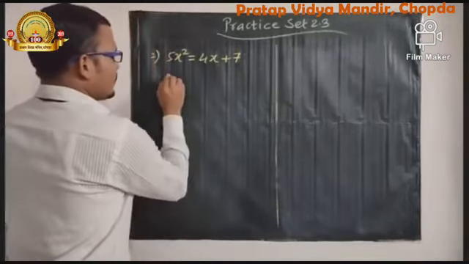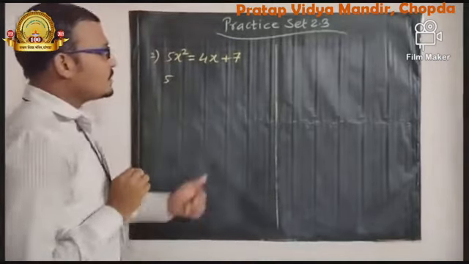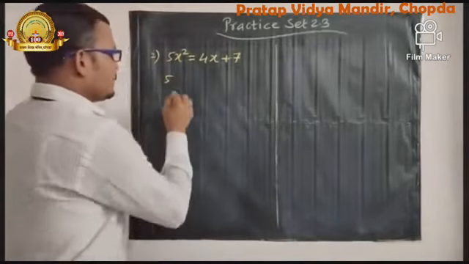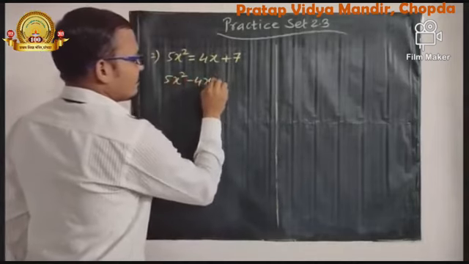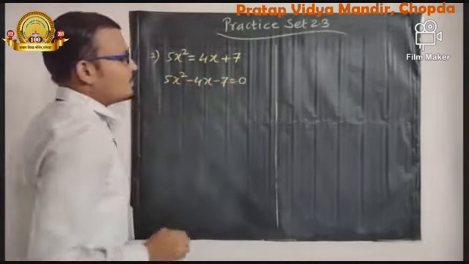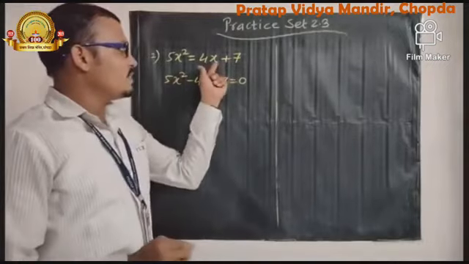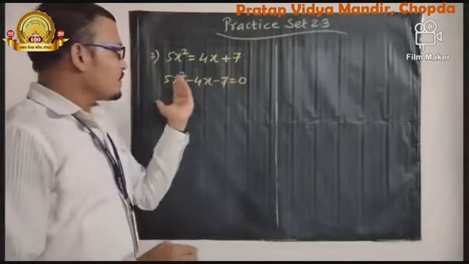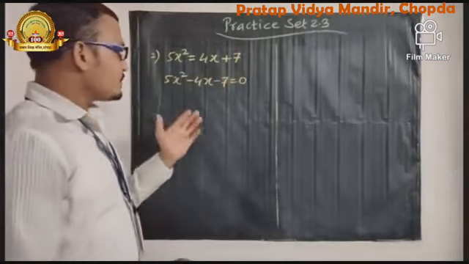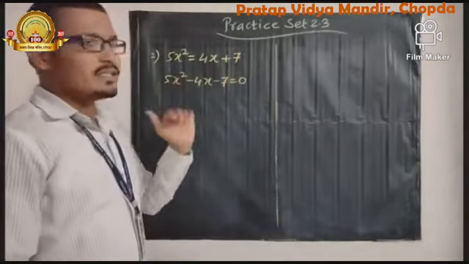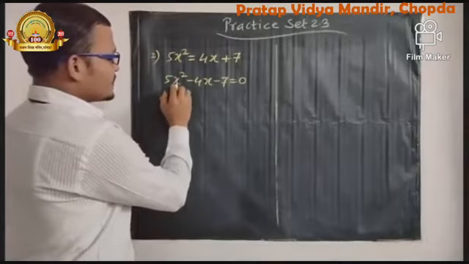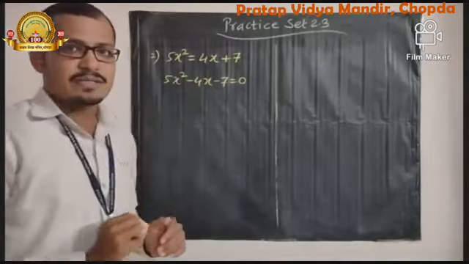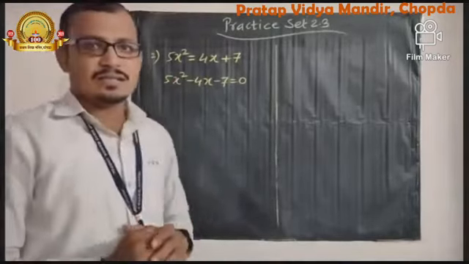So the standard form of the equation 5x² = 4x + 7 is 5x² - 4x - 7 = 0. As we shift this 4x + 7 towards the LHS, we have to change their signs. Then our equation becomes 5x² - 4x - 7 = 0.